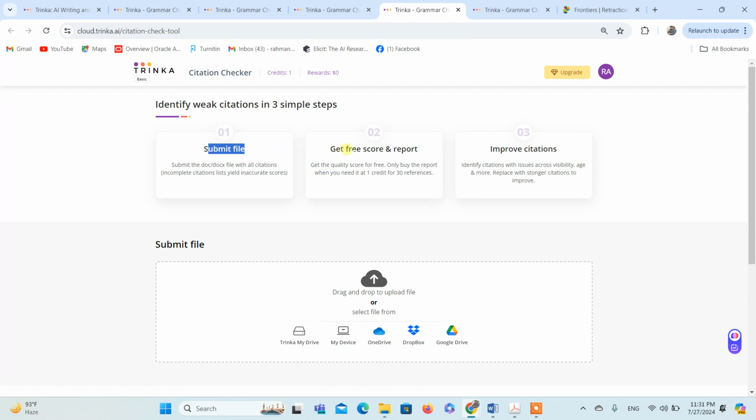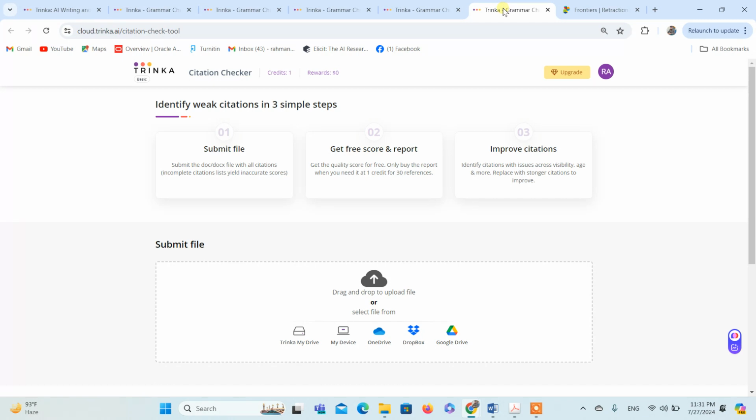After the submission of the file, Trinka will analyze all the references, generate a score for all the references, and then give you some suggestions on how you can improve weak citations, non-standard citations, and biased citations.